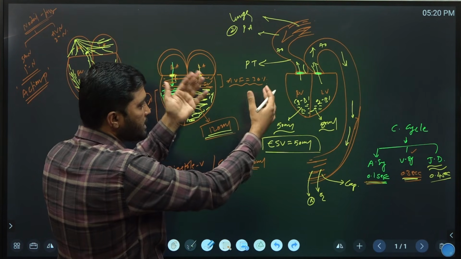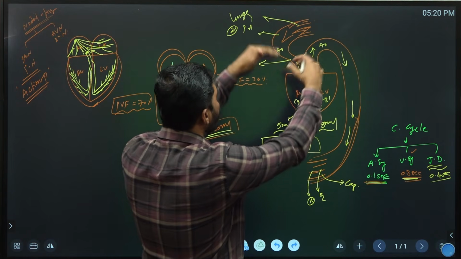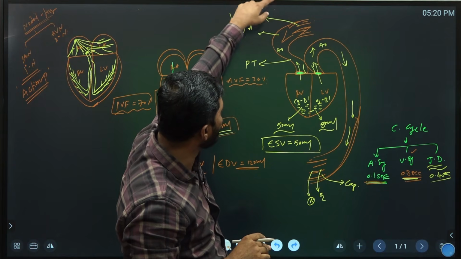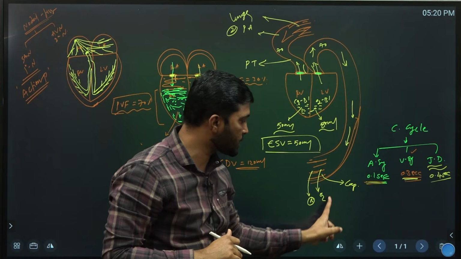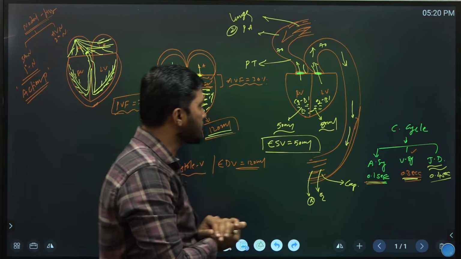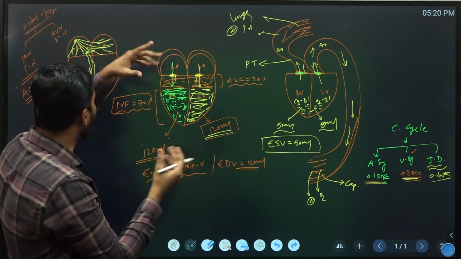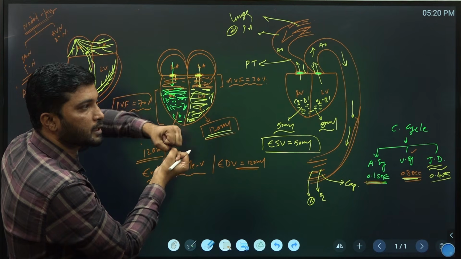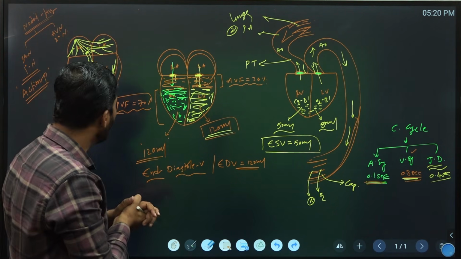After pumping, 70 ml of blood is pumped in different directions. The right ventricle moves 70 ml of blood towards the lungs, and the left ventricle moves 70 ml of blood towards the body capillaries. Then what happened after pumping? Relax, because of the absence of action potential, the chambers relax. First the auricle relaxes, then followed by the ventricle.